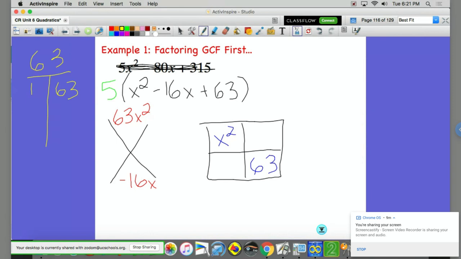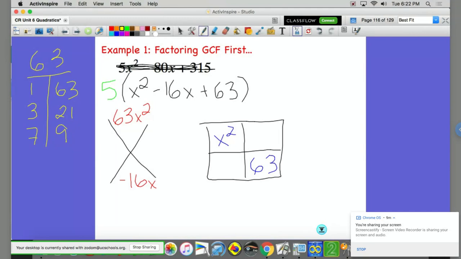But just to save time, I'm not going to do that. So we have 1 and 63, 3 and 21, and then we also have 7 and 9. So now, these are our factors.